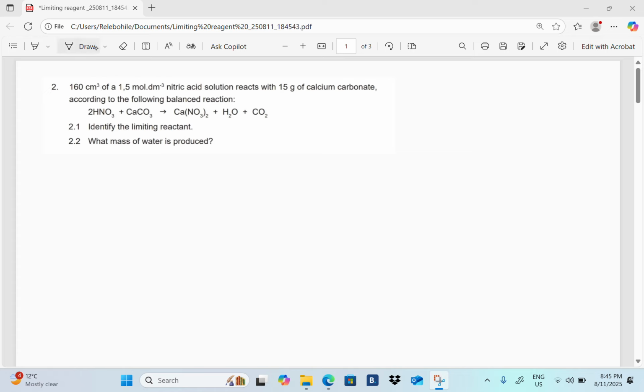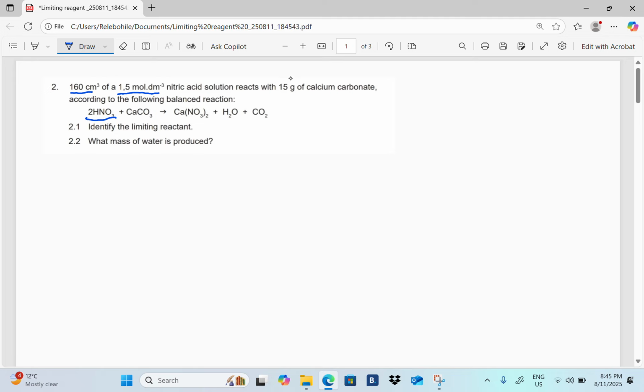When I go through my information, I notice that I'm given 160 cm³ of a 1,5 mol/dm³ nitric acid. Where is my nitric acid here? This is my nitric acid. So I'm given the volume and the concentration of nitric acid.